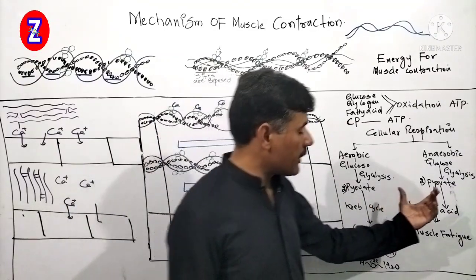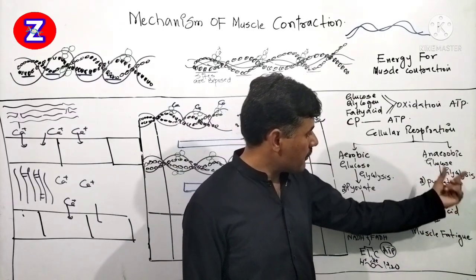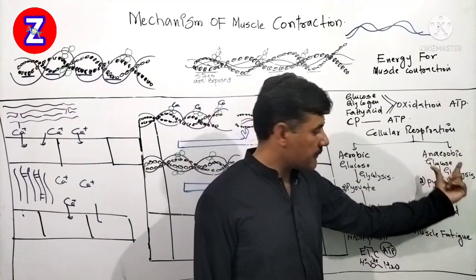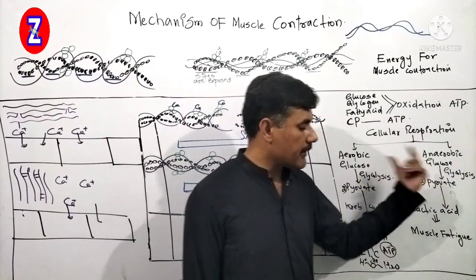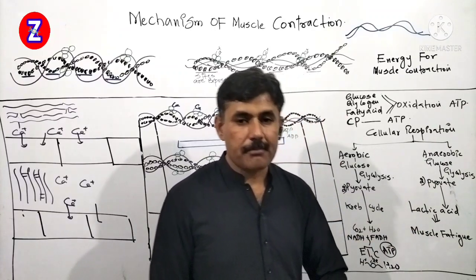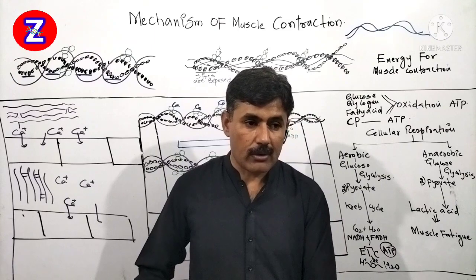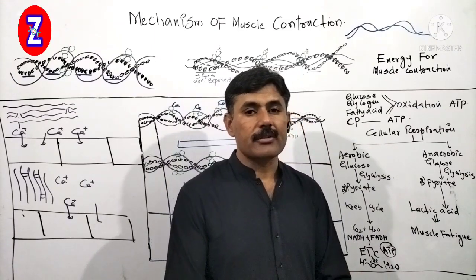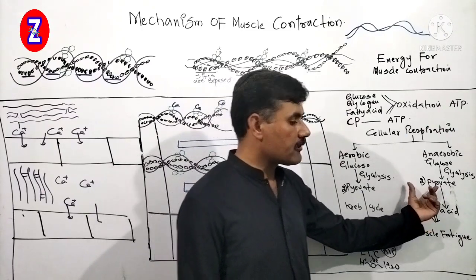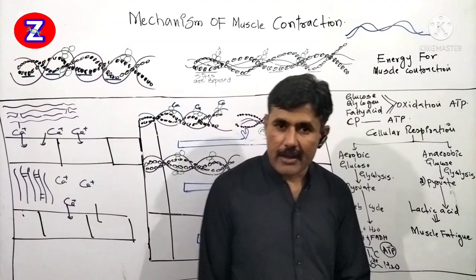There can be another respiration that's called anaerobic respiration. In anaerobic respiration, glucose definitely first breaks into pyruvate. That's a common process both in aerobic and anaerobic respiration. After glycolysis, the pyruvate cannot completely break down because there is an absence of oxygen. When oxygen is not available, pyruvate doesn't break into carbon dioxide and water, but it converts into lactic acid.